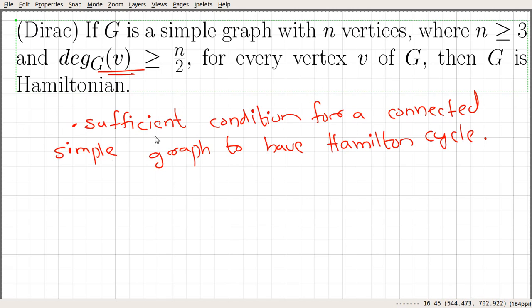It doesn't say anything about the necessary condition for a particular graph to have a Hamilton cycle.